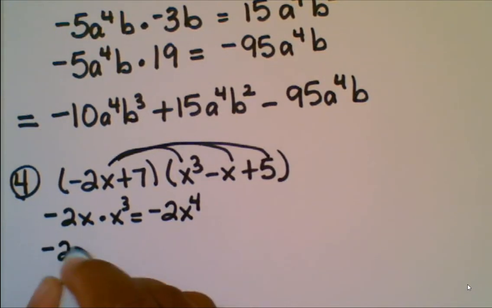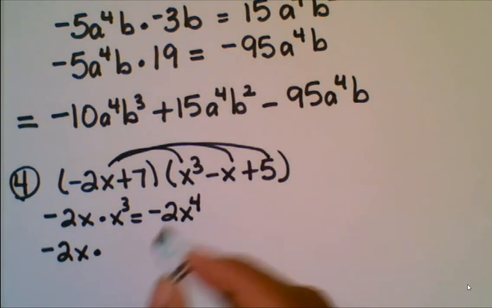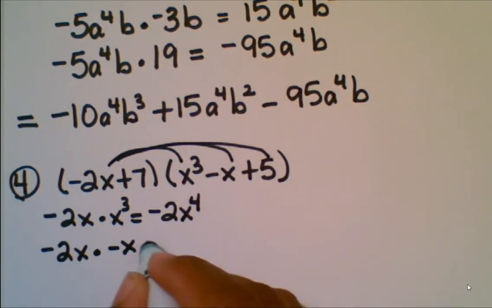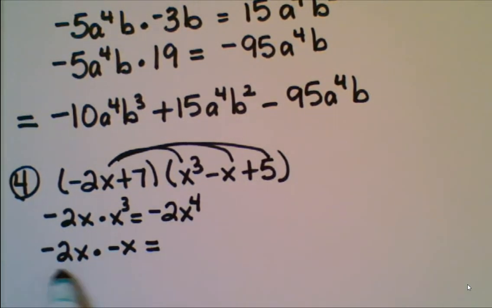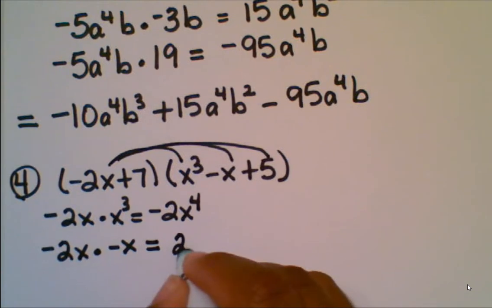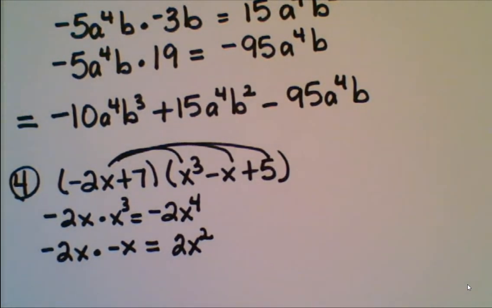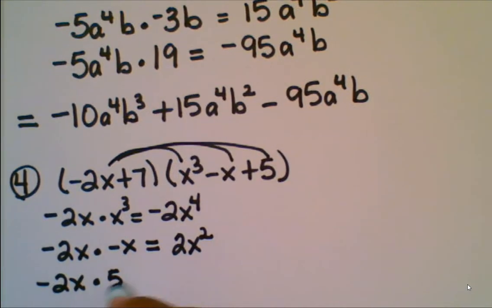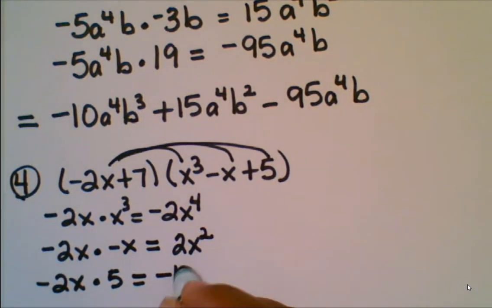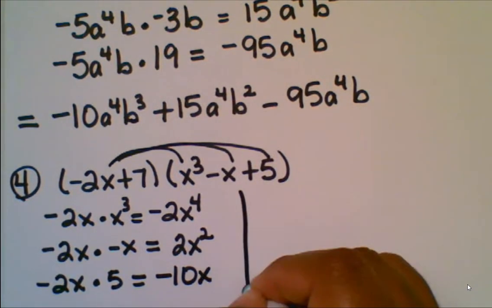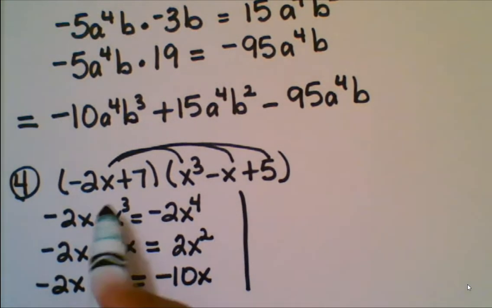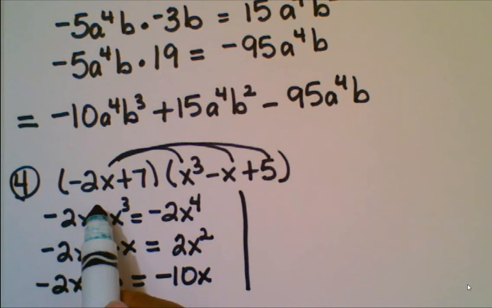We have negative 2x times negative x, and we know that two negatives will give us a positive, so that will be positive 2x squared. And then negative 2x times the 5, that gives us negative 10x. So we are finished at this moment with distributing the negative 2x.